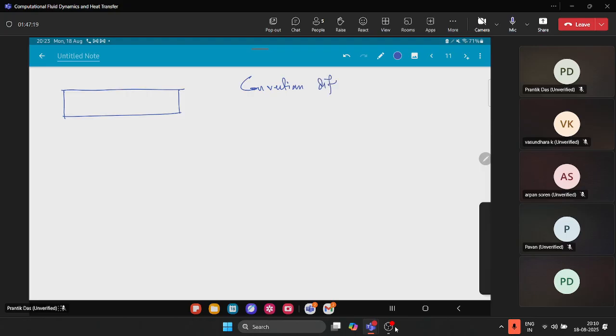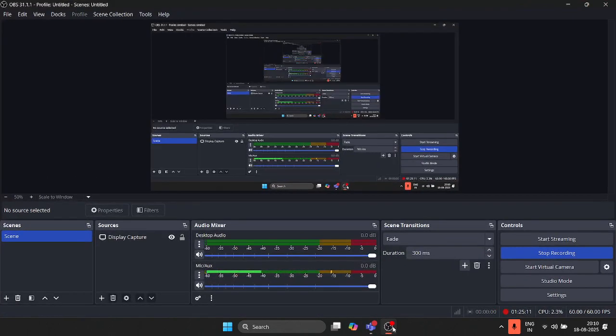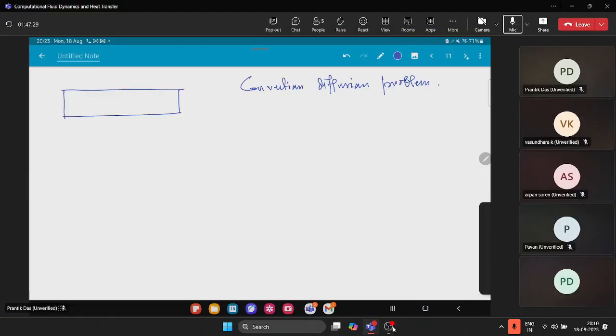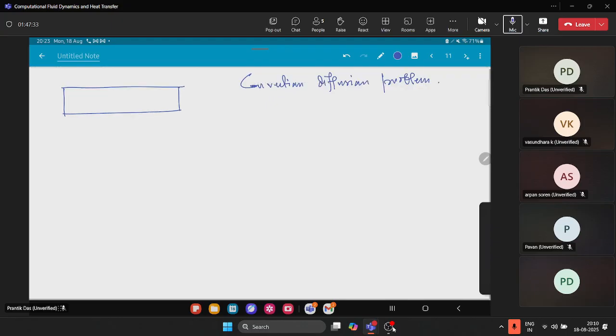So if I consider a convection diffusion problem, this is basically del dot rho v phi plus del dot gamma grad phi equal to 0.